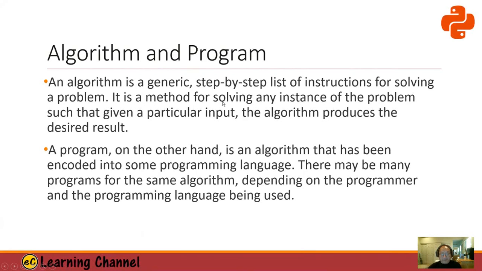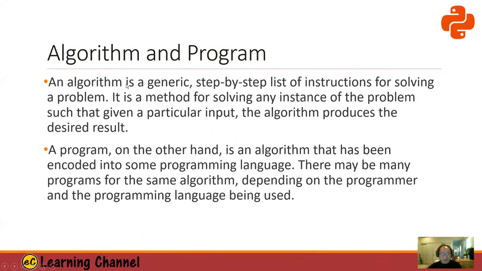It is a method for solving any instance of the problem such that given a particular input, the algorithm can produce the desired result. So this one is algorithm, it is generic. A program, on the other hand, is specific. So a program is an algorithm that has been encoded into some programming language. So a program has programming language dependency, an algorithm does not.